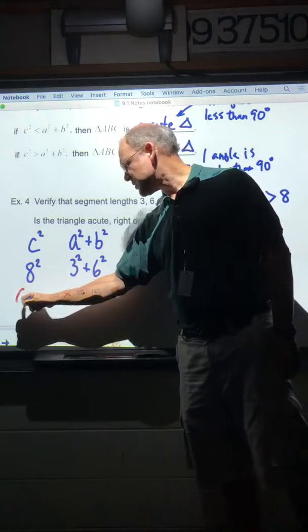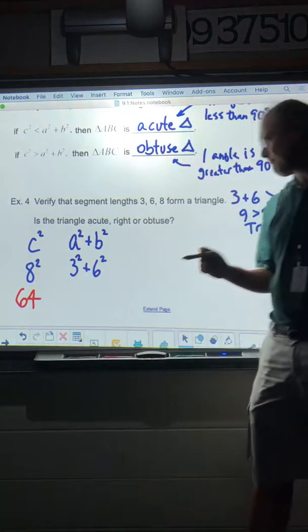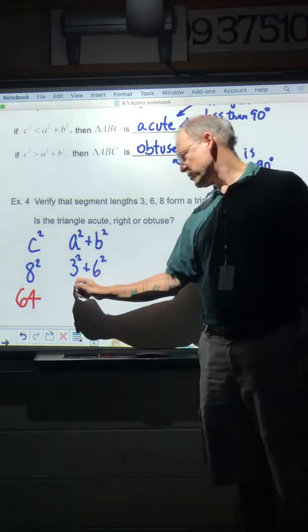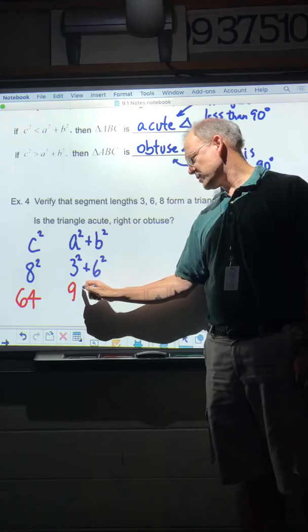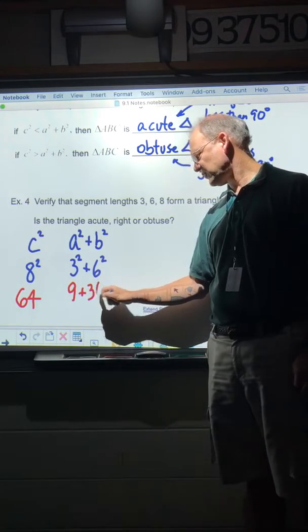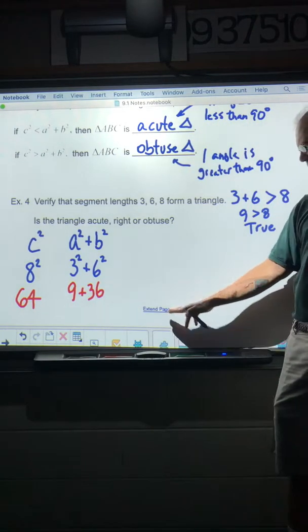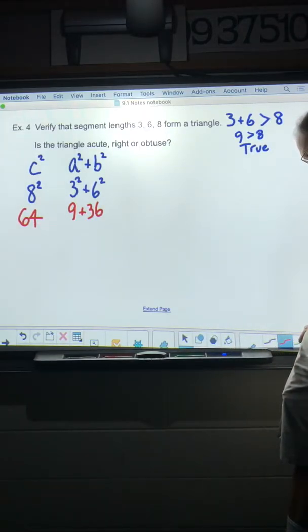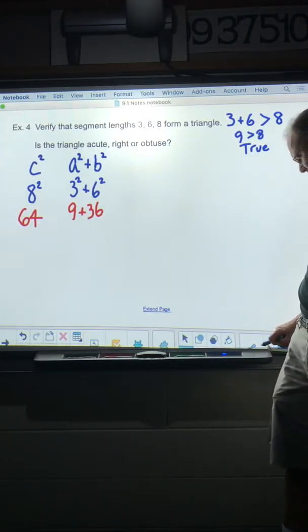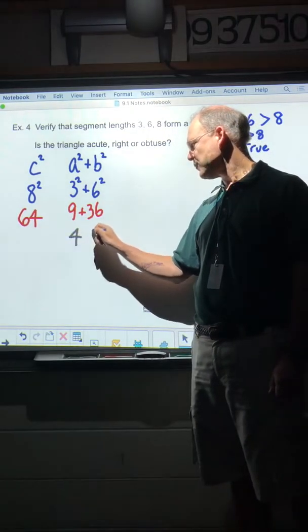And so 8 squared is 64. 3 squared is 9. 6 squared is 36. 9 plus 36 is 45.